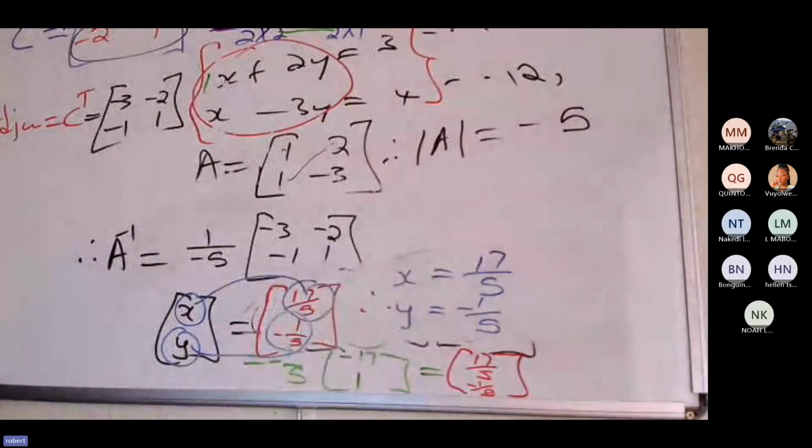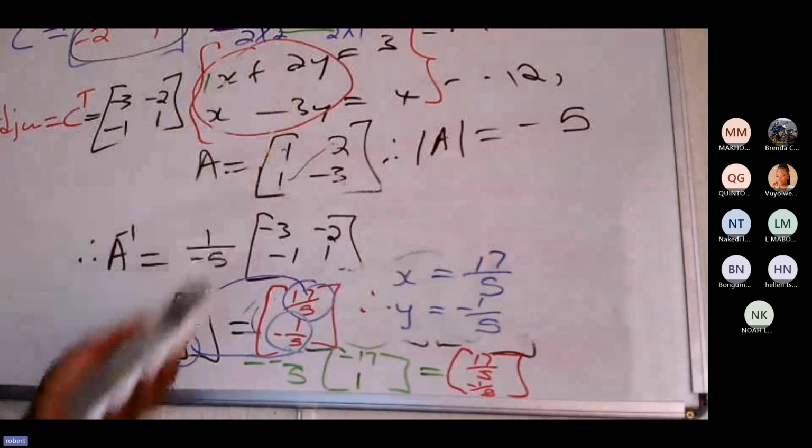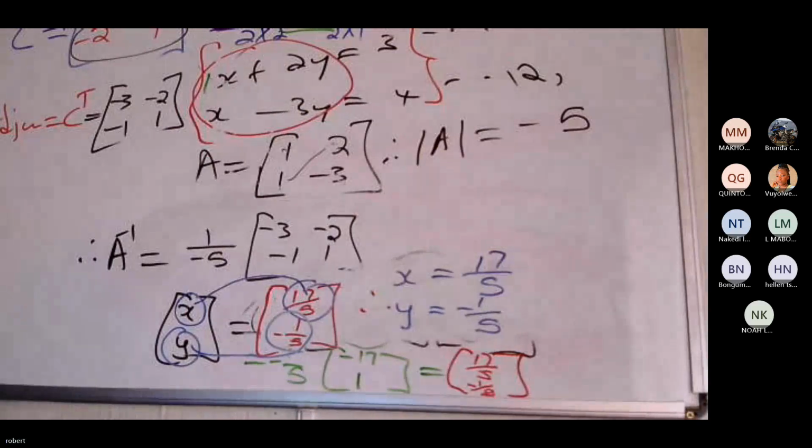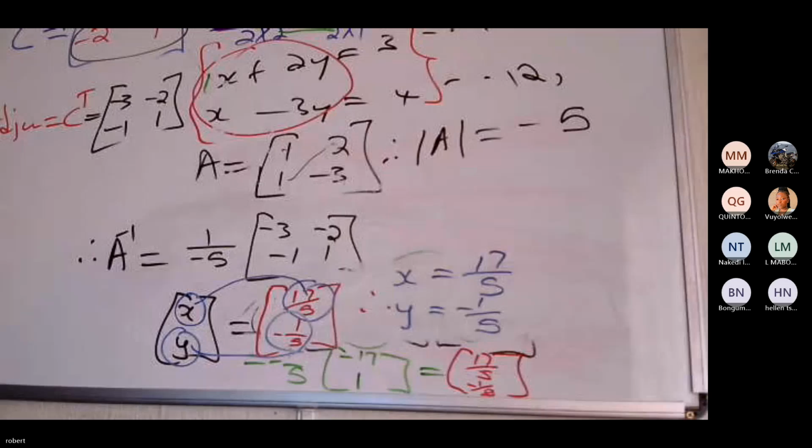It's 17 over 5. I'm quickly doing it: 17 divided by 5, then plus 2 multiplied by negative 1 over 5. Let's see. Is it correct? Yeah, I get 3. That's right.